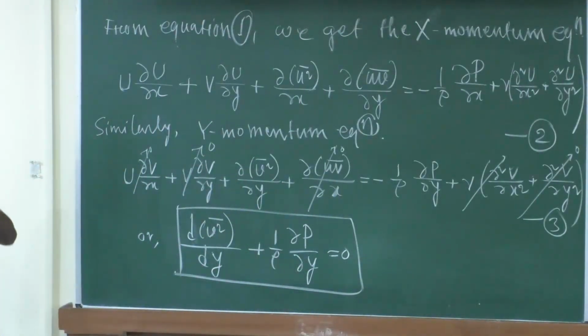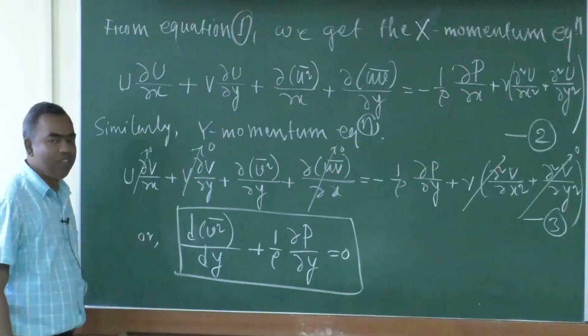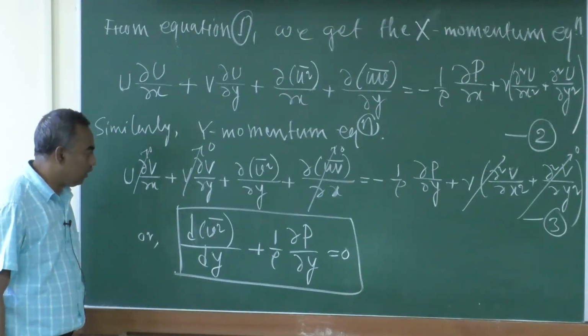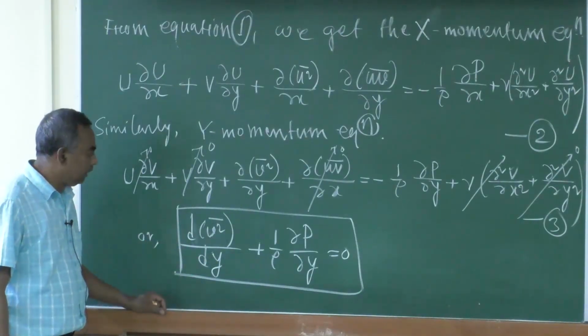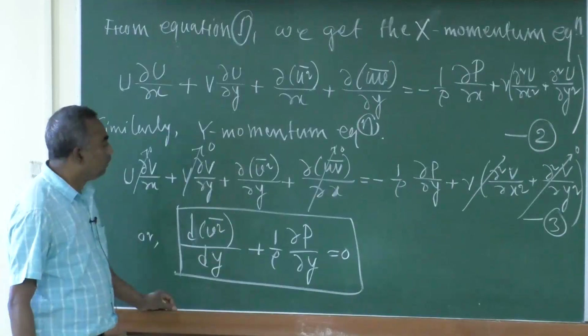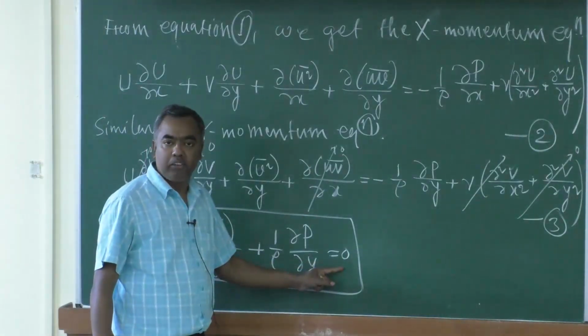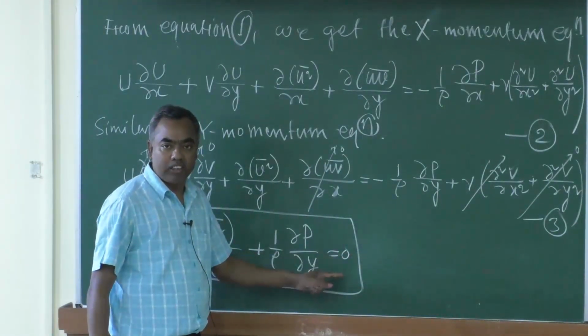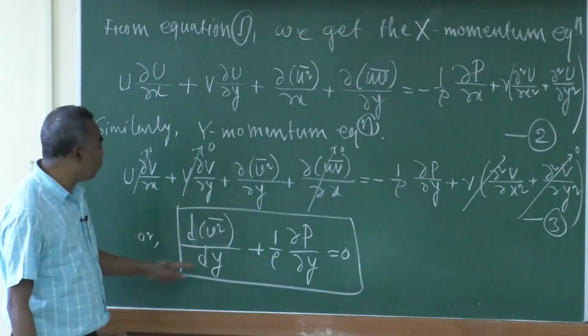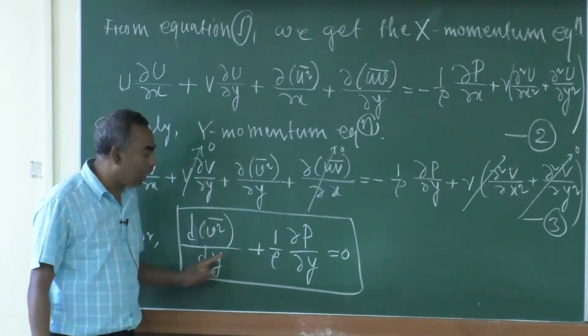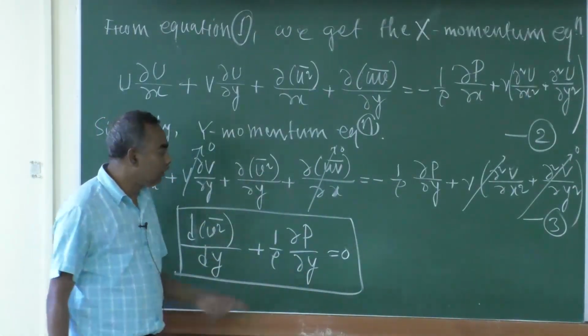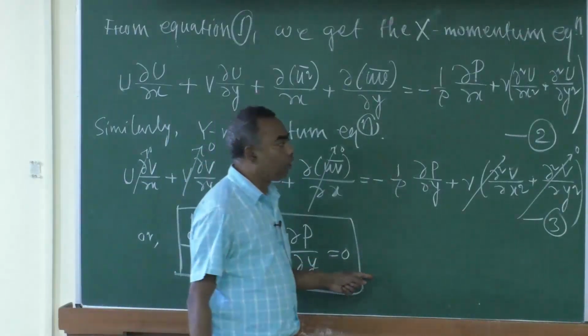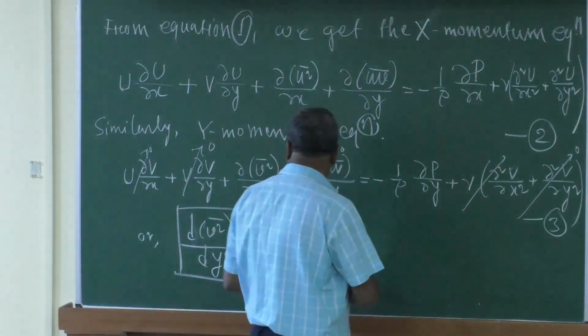So, this is what we get from this simplified y momentum equation. Now, if we integrate, then in the right hand side what we will get? We will get a constant which can be a function of x, but that cannot be a function of y, because if we integrate with respect to y, the right hand side we can get a constant, and that can be a function of x.